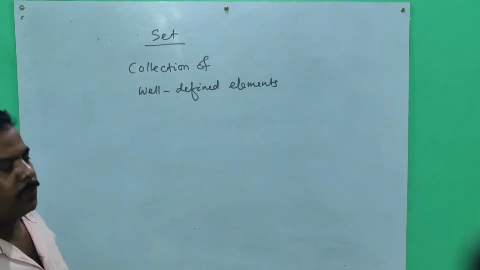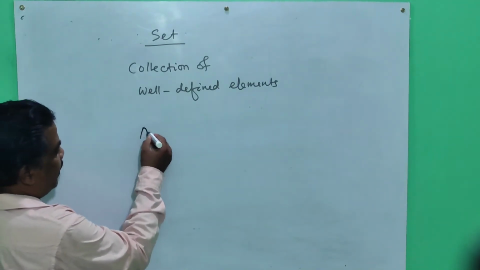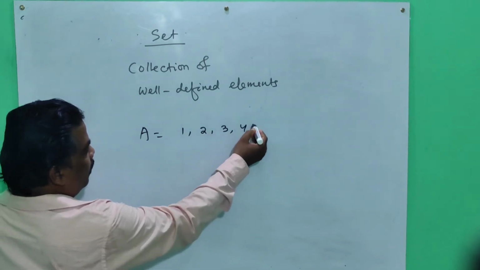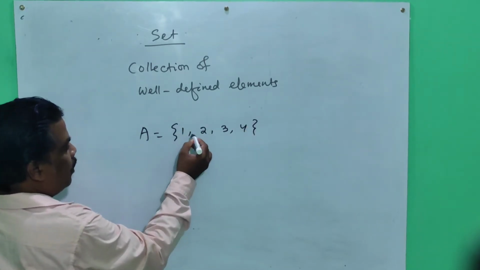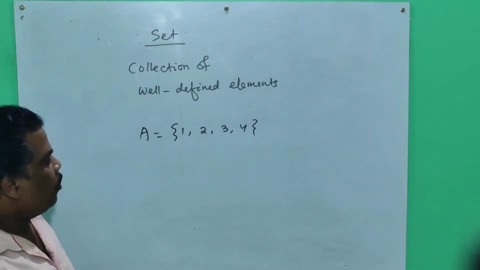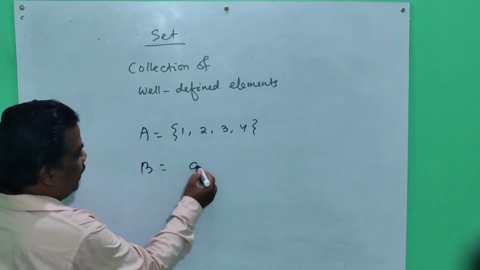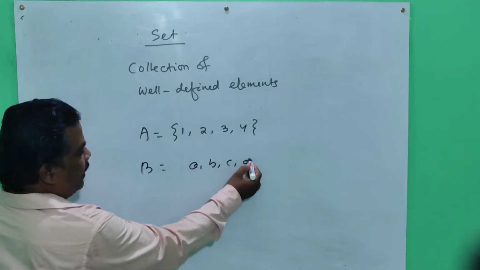As an example, suppose A is a set containing elements 1, 2, 3, 4. Now, in this set, we take 4 elements: 1, 2, 3, 4. We take another set B, with elements a, b, c, d.